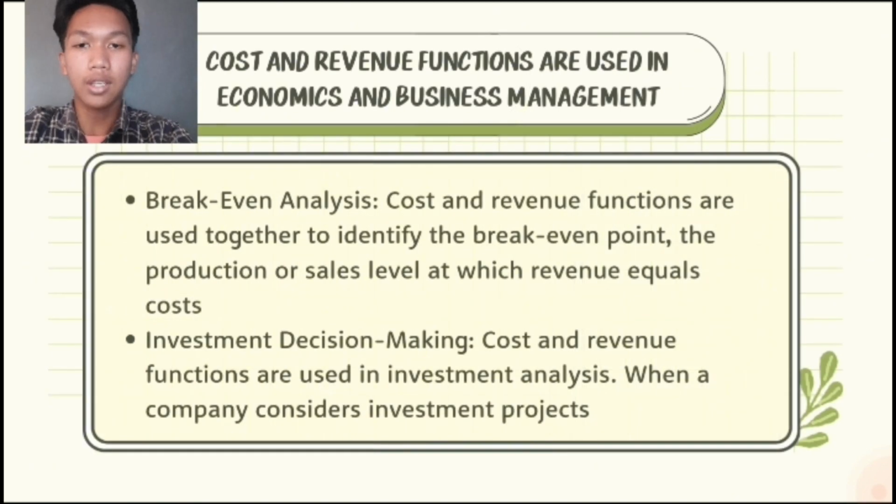And number 3, break-even analysis: cost and revenue functions are used together to find the break-even point, the production or sales level at which revenue equals cost. And investment decision making: cost and revenue functions are used in investment analysis when a company considers an investment project.